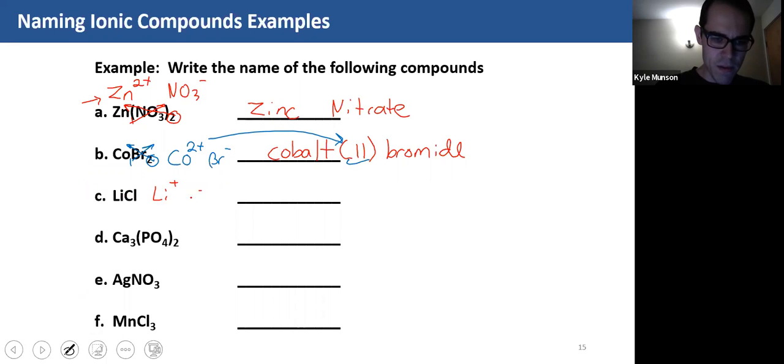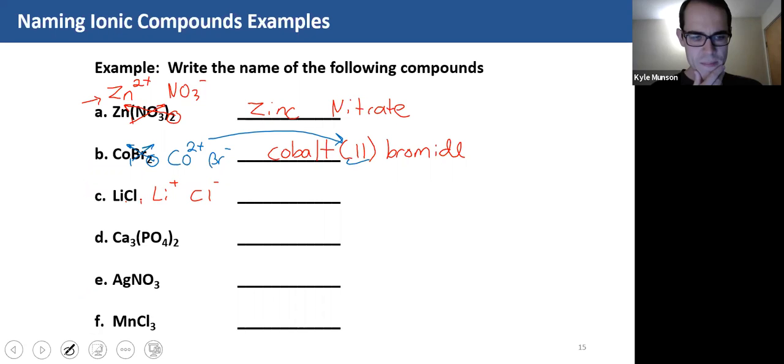Okay, this is going to be a chloride ion. Remember, there's 1s down there. So when we do the crisscrossing, we can find their charges also from the periodic table and from our previous videos. So this one's easy. This is just lithium chloride.